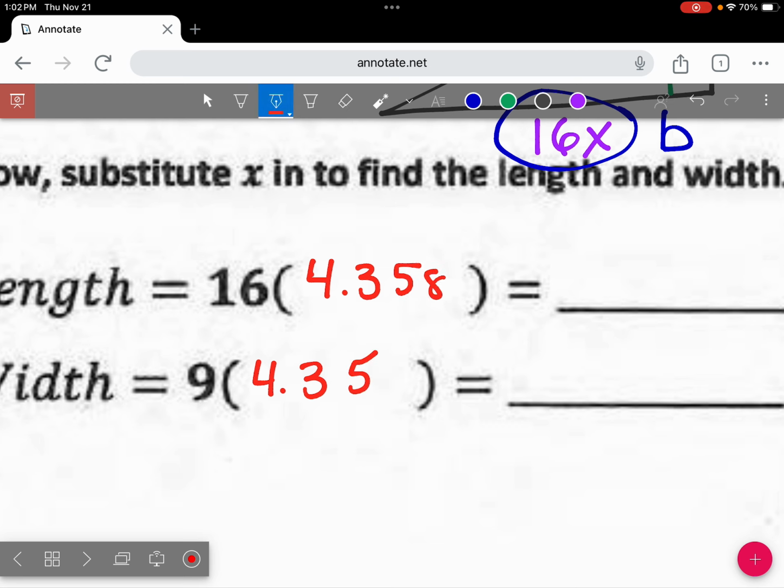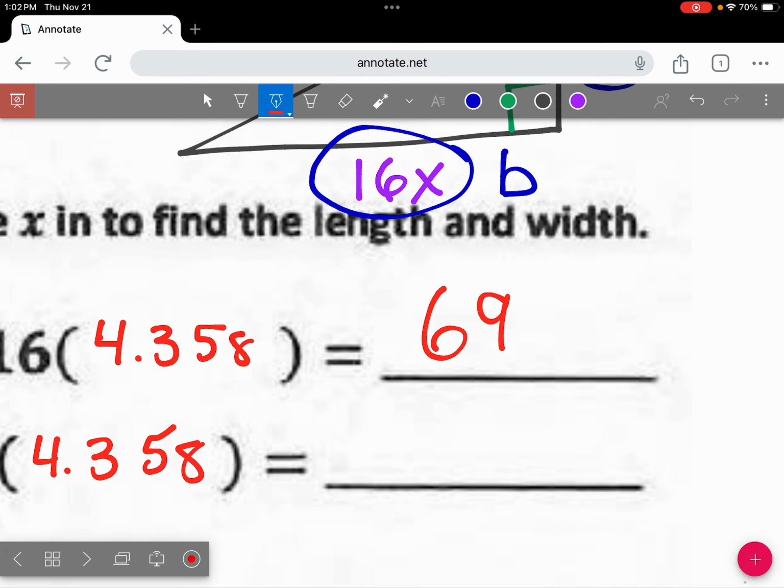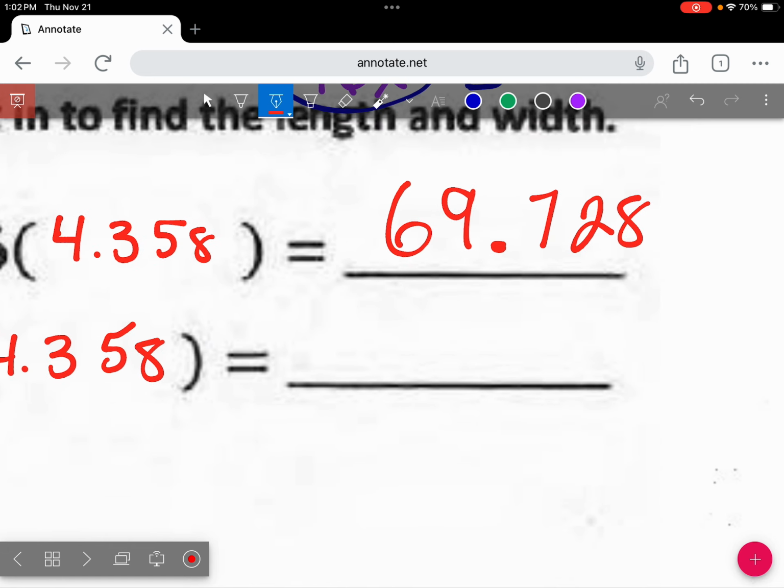So what is the length on this TV? I'm going to take 3 decimal places. I have 69.728. And our width, 39.222.